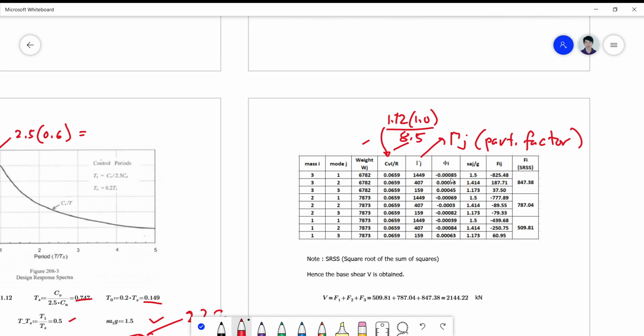So this is phi1, phi2, and this is your phi3.